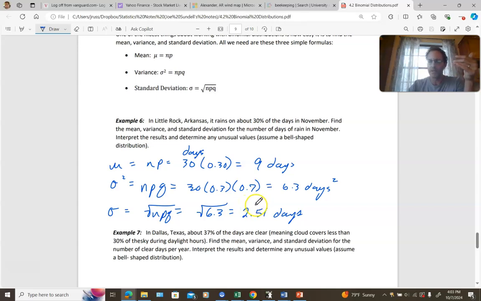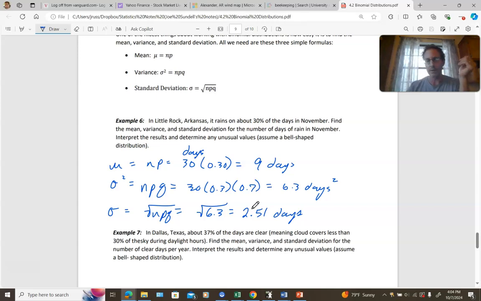We could expect, and we'll talk more about this later, how the binomial approximates the normal distribution, but we could expect that about, if you remember the empirical rule, about 68% of the time, the number of days that it rains in November will be 6.3, give or take 2.5 days. Because that would be 1 standard deviation below to 1 standard deviation above.